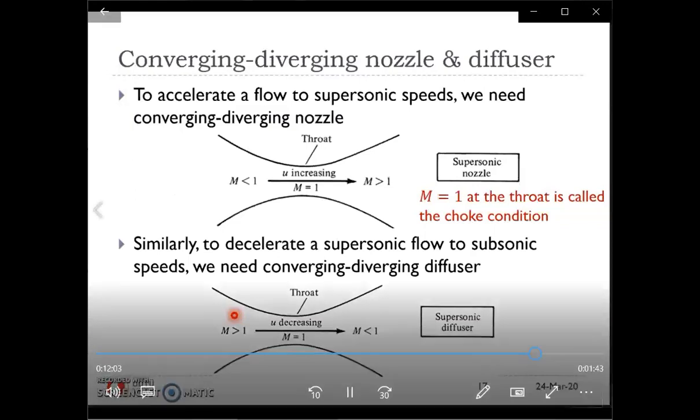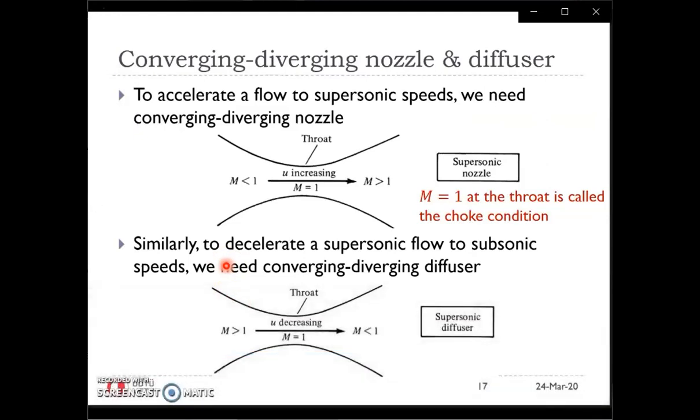So on our final slide here, we have basically the main application of this physical phenomenon. Basically, we use them in what we call converging diverging nozzles. Here you see the converging diverging nozzle geometry. So we have a high area, minimum area, and an increasing area again.